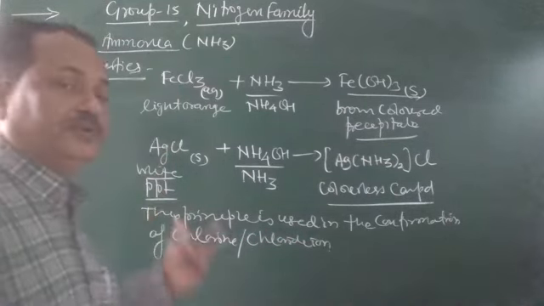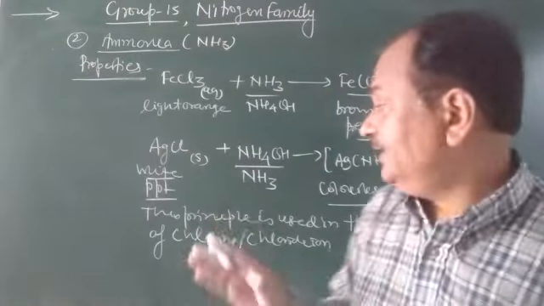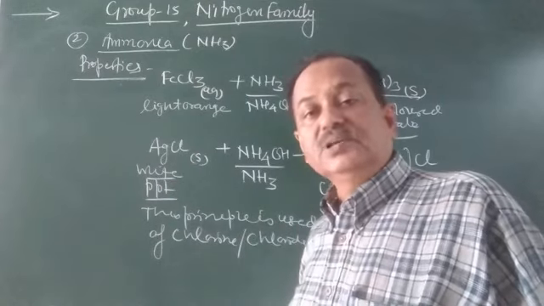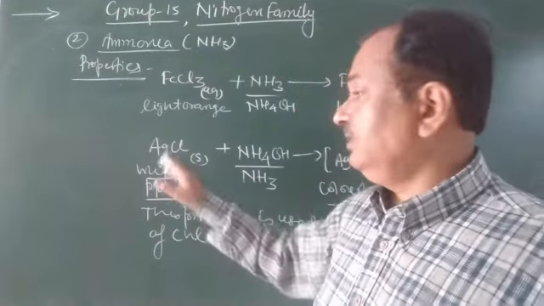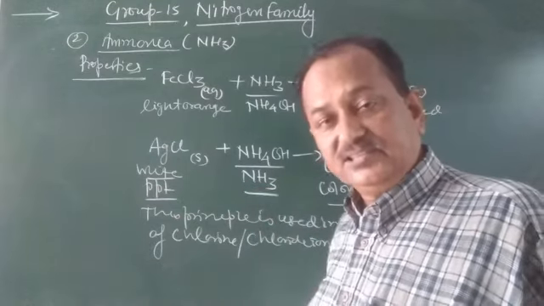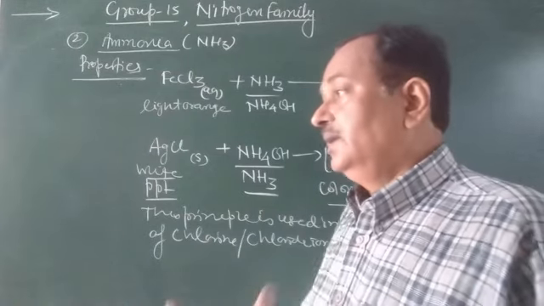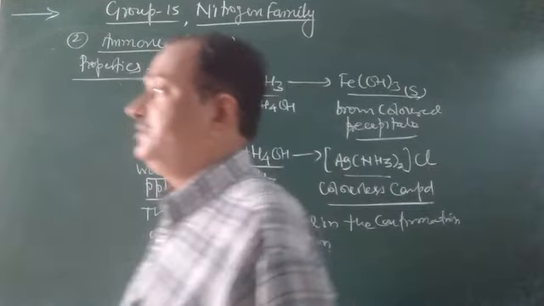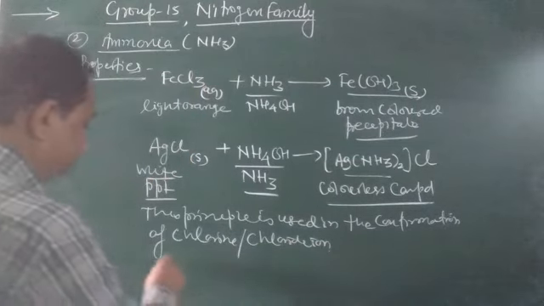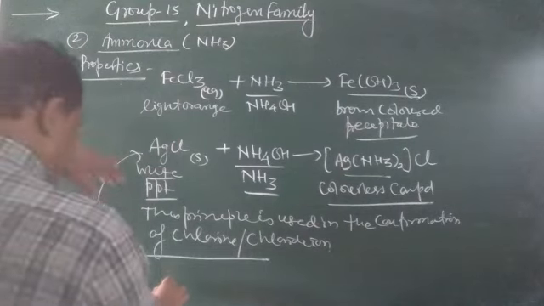When we test the presence of chlorides, we add some substance to get the white PPT, and then we add excess of ammonia. Then it is dissolved.